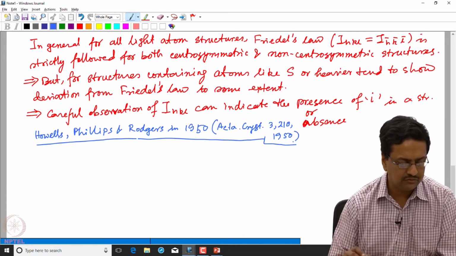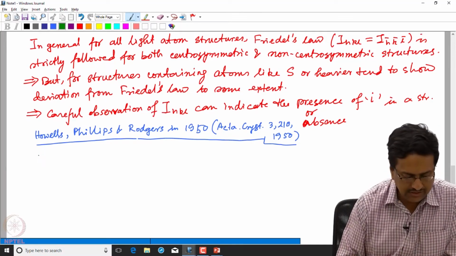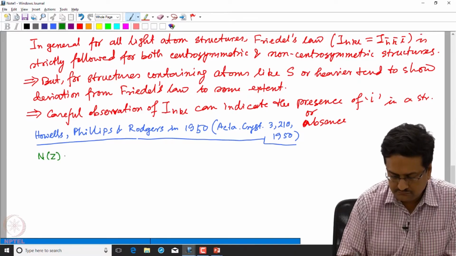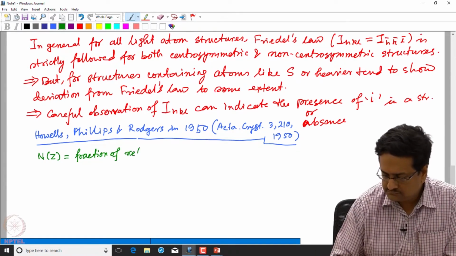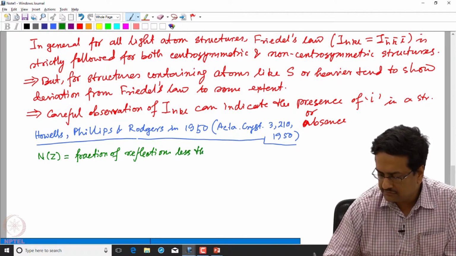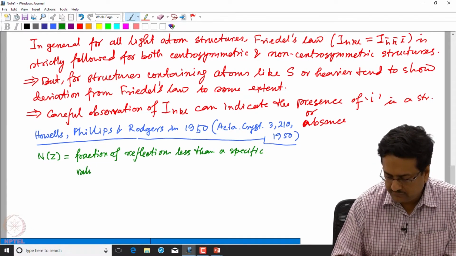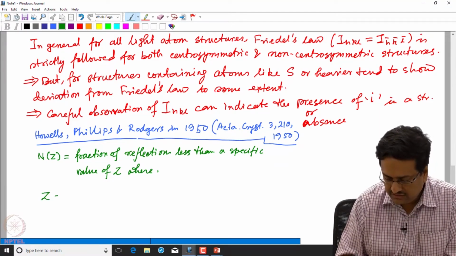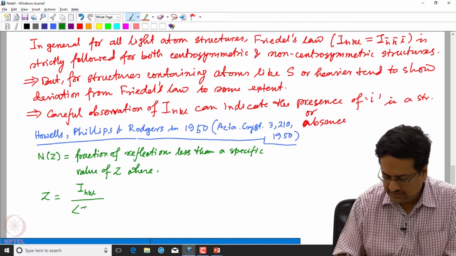So what they tried to do is that they calculated the number Nz, which is the fraction of reflections less than a specific value of Z, where Z is nothing but the ratio of the corresponding I H K L to the average I H K L.